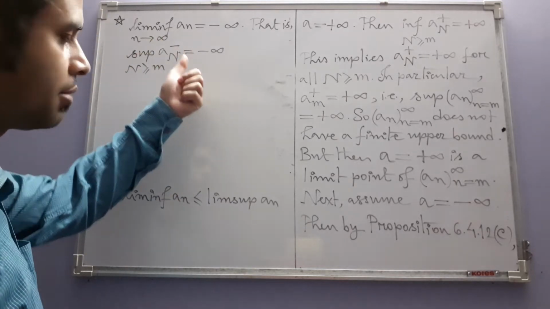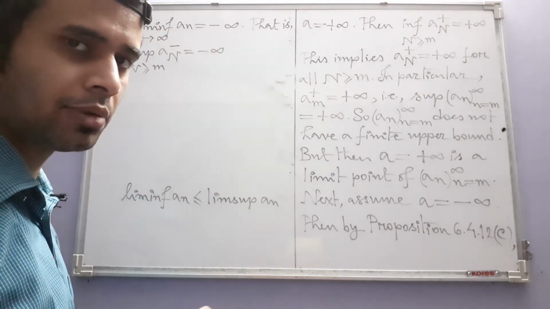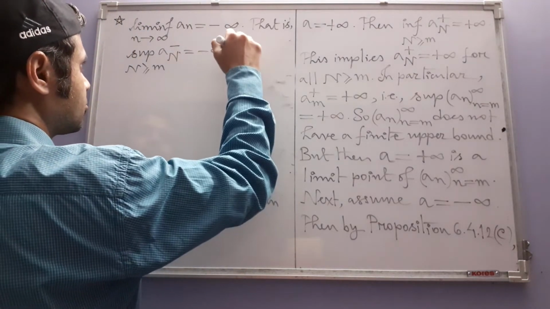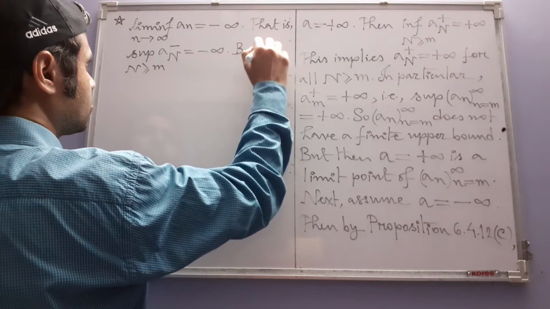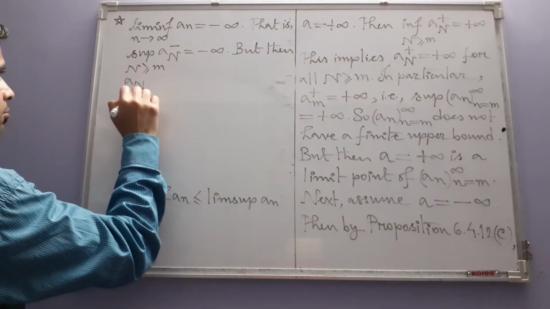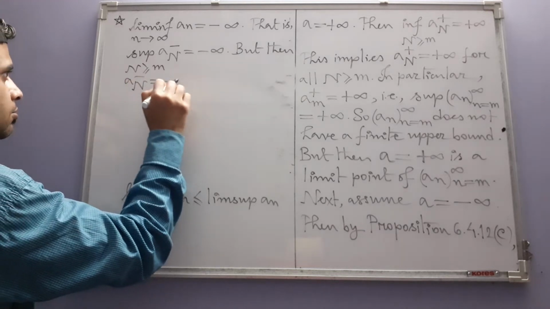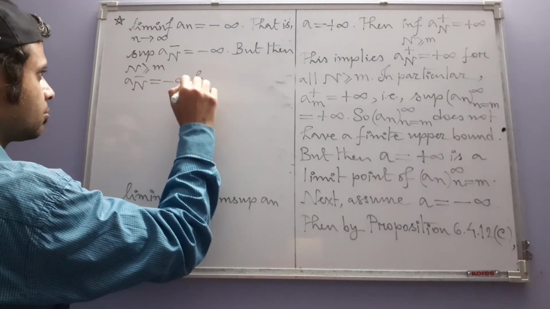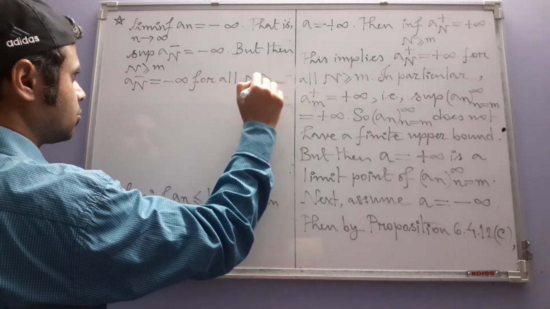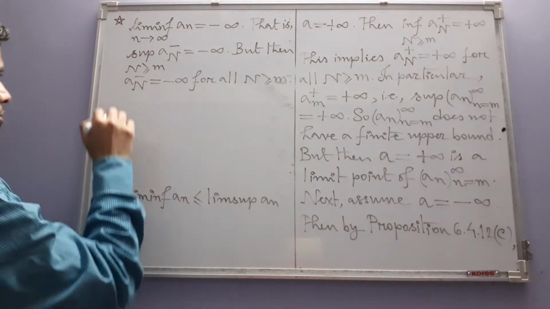So all the a_n minuses must themselves be equal to minus infinity, for all the possible indices.